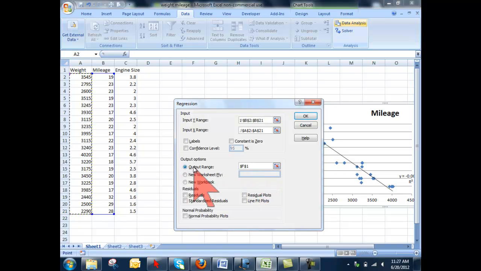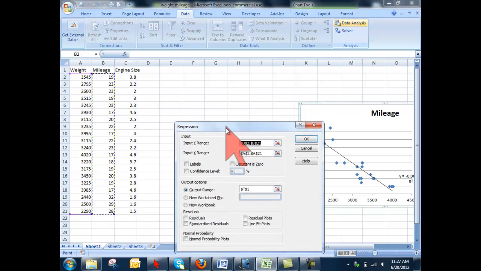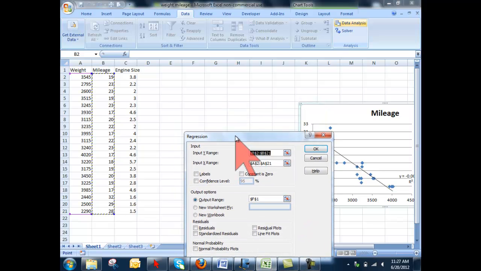I come down here, I'm going to click Output Range to have Excel put its output here on the sheet where we can see it. And I'll click here and then click somewhere to an empty space on the worksheet. So for example in cell E1, and that tells Excel approximately where to put its output.